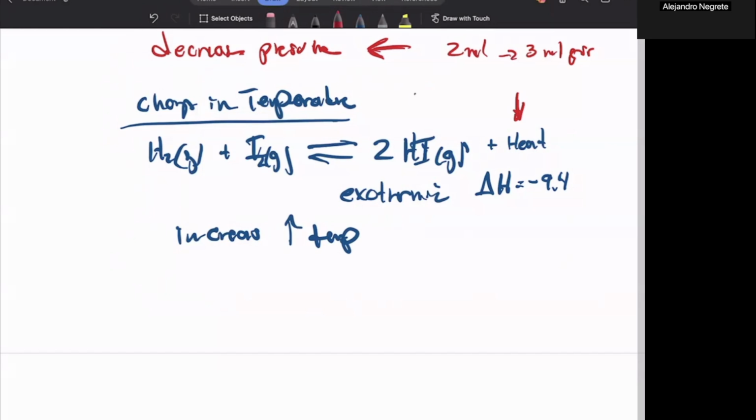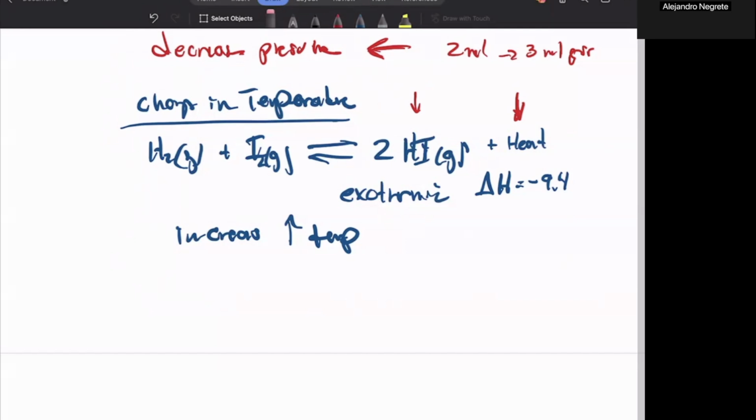If I added more of this iodic acid here, we would shift that to the left. Same thing occurs when we increase the temperature in an exothermic reaction.